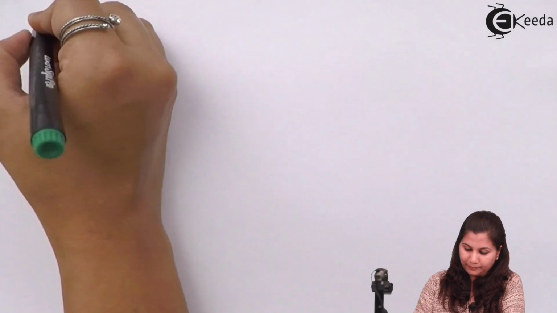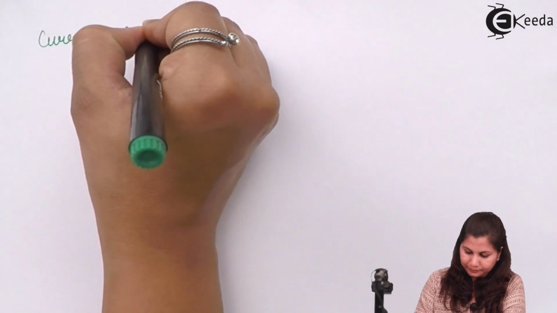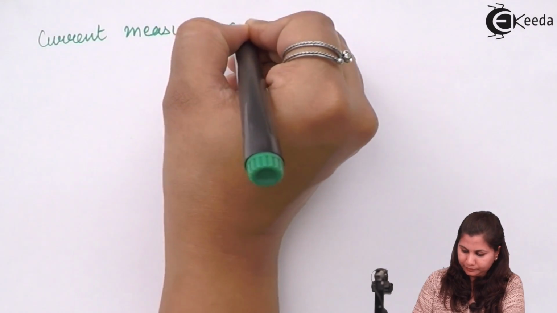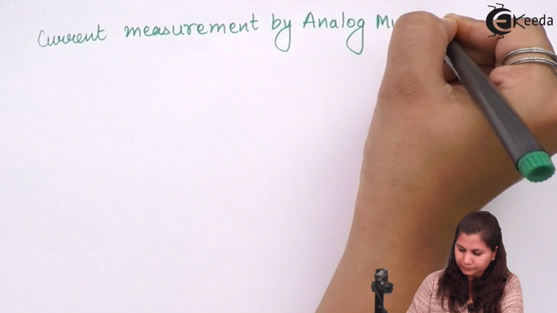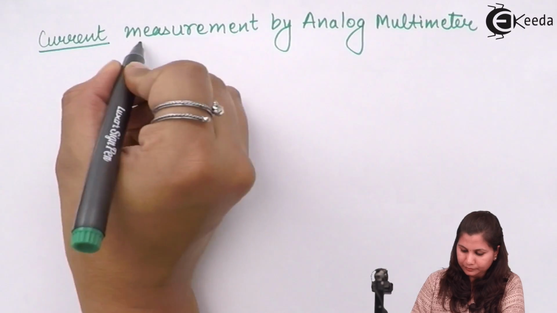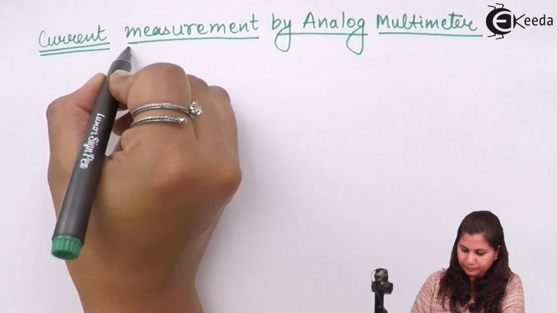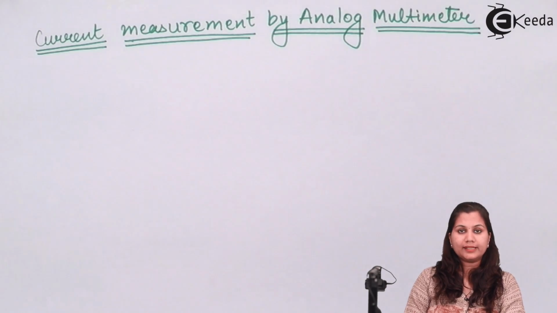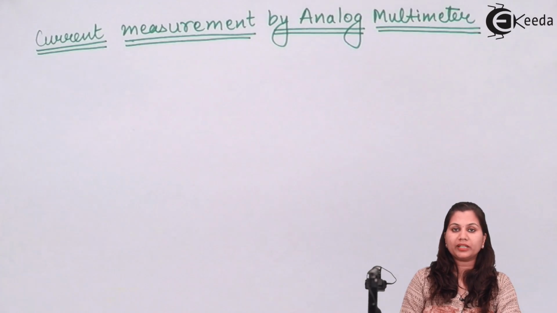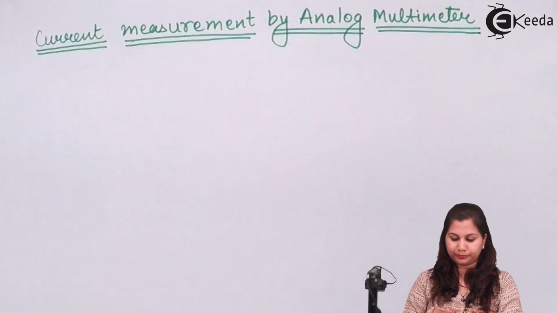So that was the voltage measurement by the analog multimeter. Now come to the current measurement by analog multimeter. For the measurement of current, this analog multimeter is to be converted into an ammeter.